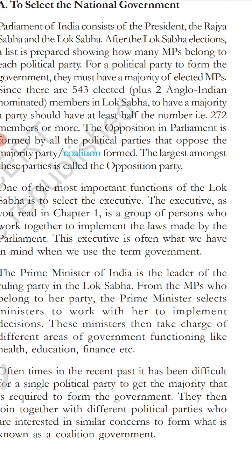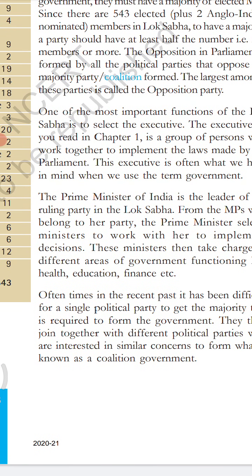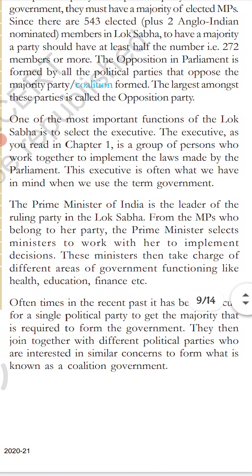That is the leader of the largest party, or the party that scores more than half the seats in Lok Sabha elections. Here the number is given as 272 or more seats. I think this is clear to everyone.